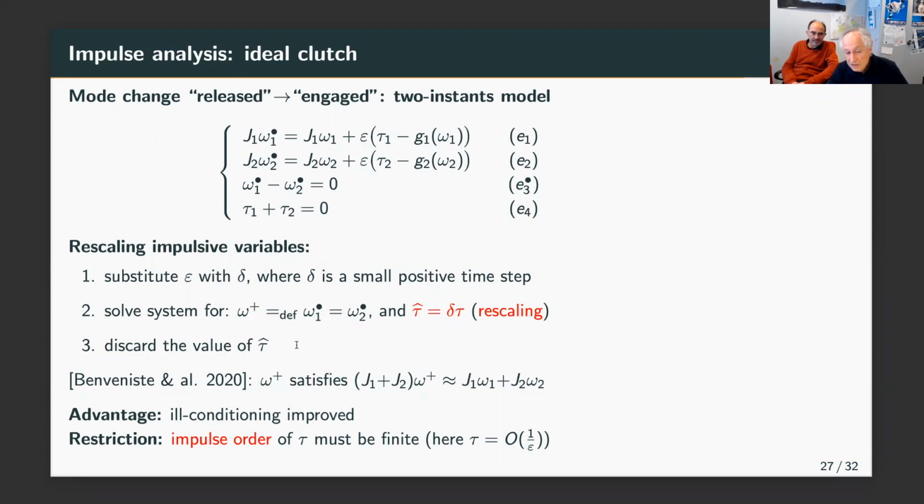In this case, a hand reasoning would make it possible to notice that if you multiply the infinite tau by delta and do the change of variable replacing it by tau hat, then rescaling would give you a regular and well conditioned system, and that would improve the numerical conditioning of the system.